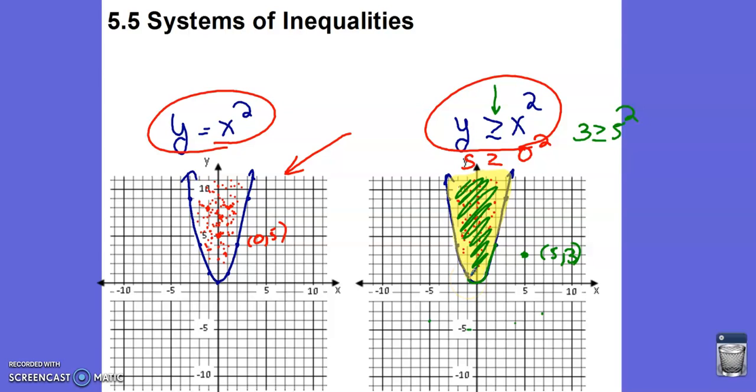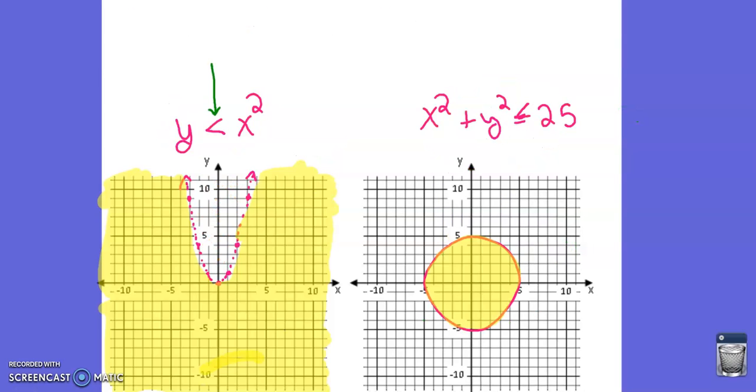So specifically on this one right here, less than x squared, all of the points on the outside of this, if you take some random point out here, all of these points outside of the line would literally work. Whereas if you tested a point inside of here, it would not work.